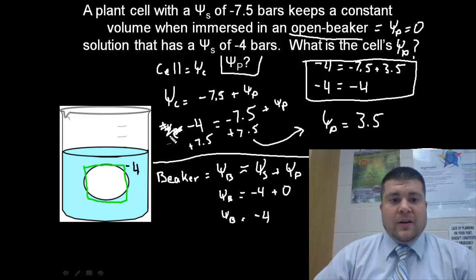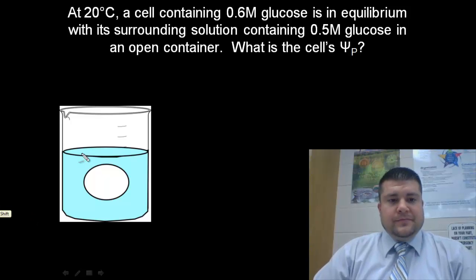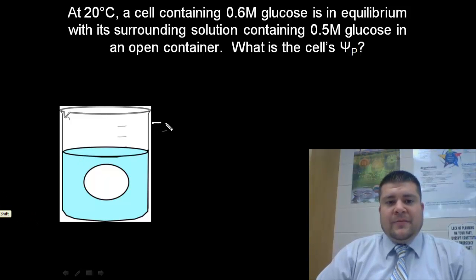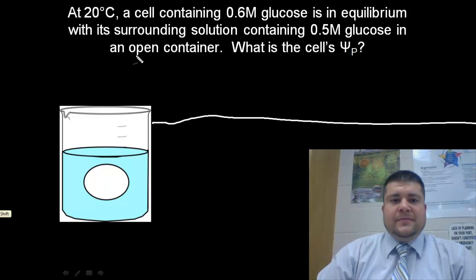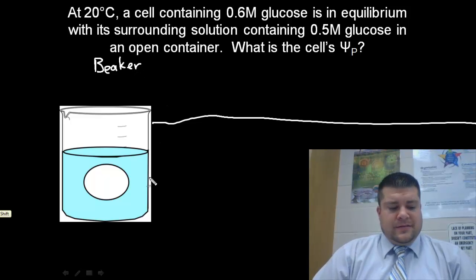Let's give you a couple more just to get familiar with it. Alright, so if I am going to split this up, say the beaker's here, and the cell's here.